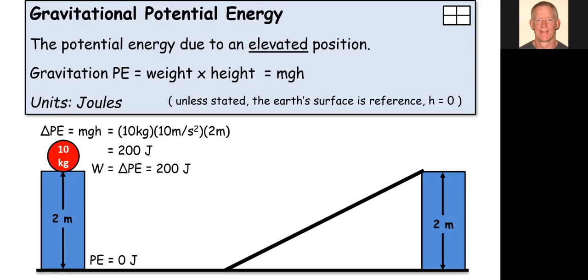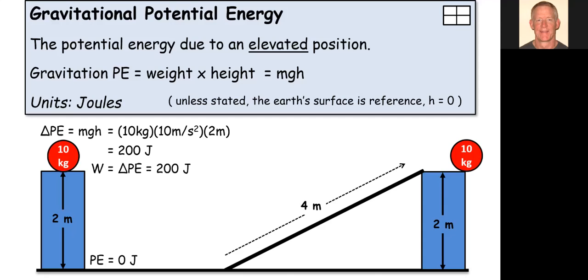Now, what happens if we were to take this ball and roll it or slide it up a ramp? And the ramp, let's assume, is frictionless. It's going to roll up without any force required to overcome the rolling resistance or rolling friction. So let's slide it up the ramp. And what if we say that ramp was 4 meters long?